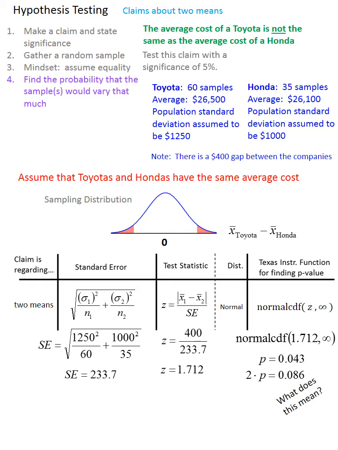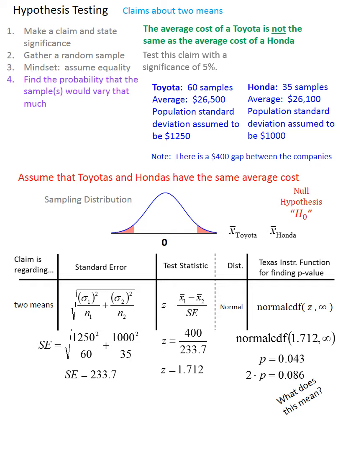The 4.3% represented the probability that the Toyota sample average would be more than $400 more than the Honda sample average. But if there's a 4.3% probability of a $400 gap in favor of Toyota, there's also a 4.3% probability of a $400 gap where the Honda sample average is higher. And that's why we double the probability here.